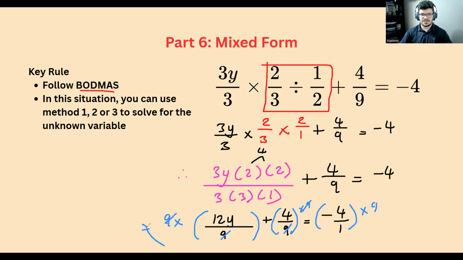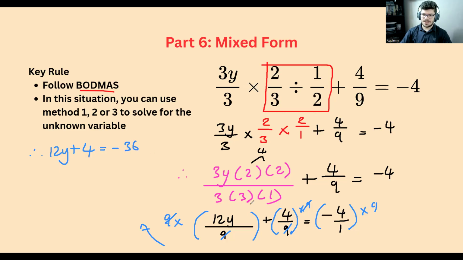Essentially, we don't want the denominators. This is the problem. That's why we use the elimination method, okay? Or you can use the LCD method, get the denominators all equal to 9, cancel, and express the numerator as the linear equation. Essentially, what we have is 12y plus 4, because we got rid of the denominators, is equal to negative 36.